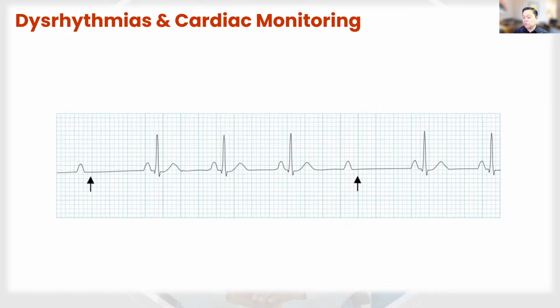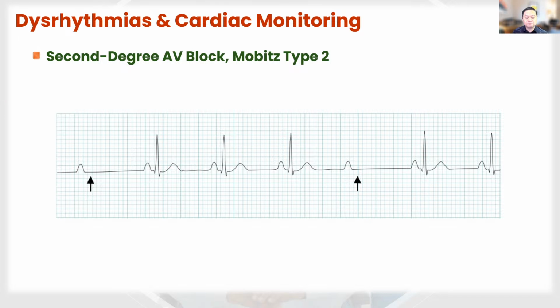Now, moving forward with the next one, we're going to talk about the second degree heart block type 2. So what is this? This is what we refer to as the classic second degree heart block.